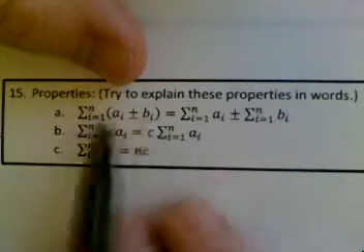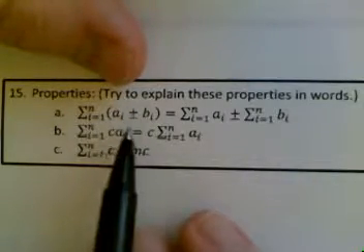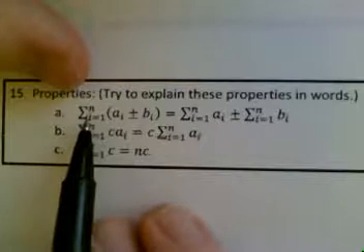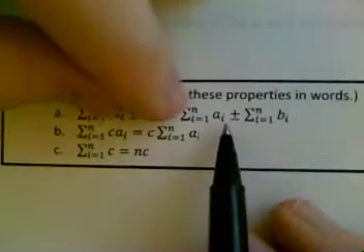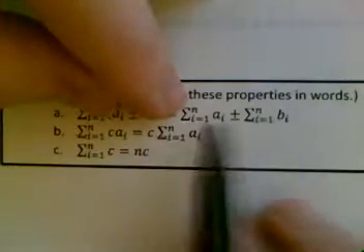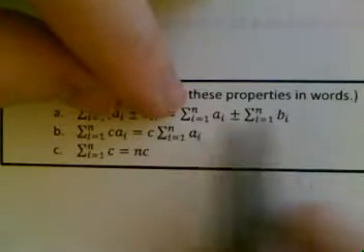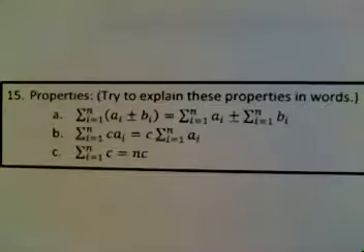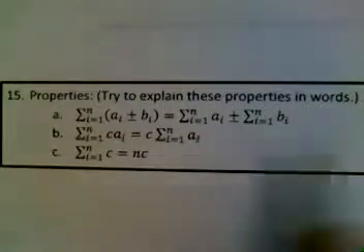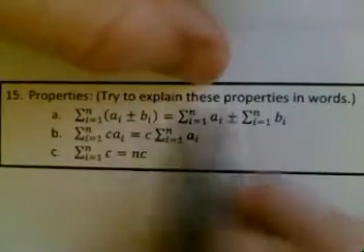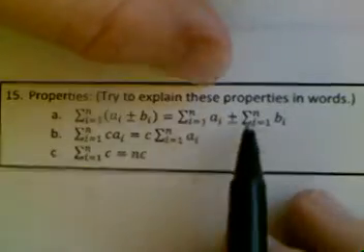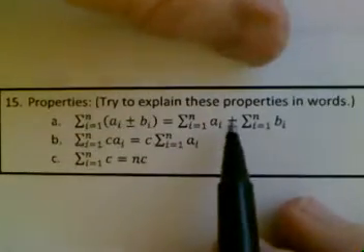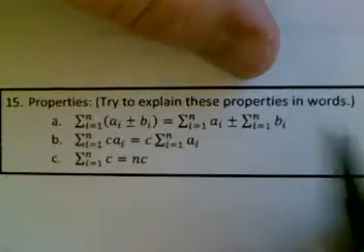But if I have 2 sequences and I'm adding them together or subtracting them in a series, in a sum, it's really the same thing as taking 2 separate sequences in 2 separate sums and adding them or subtracting them. Okay? It's just moving the terms around. Again, it's just moving the terms around. I happen to put all the first terms over here in this sum, and then I'm going to add or subtract that to all the secondary terms over here.